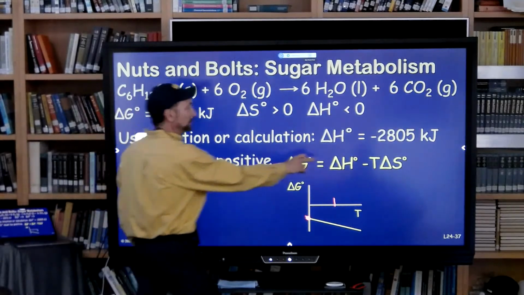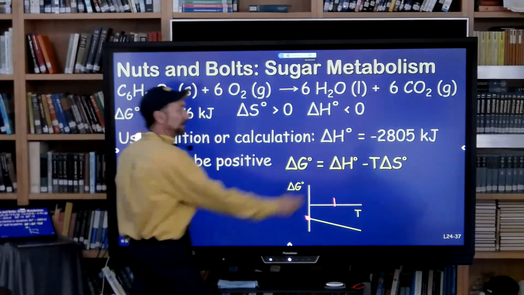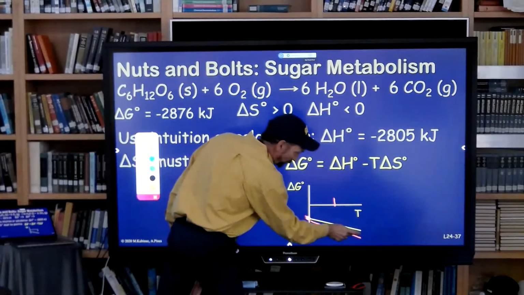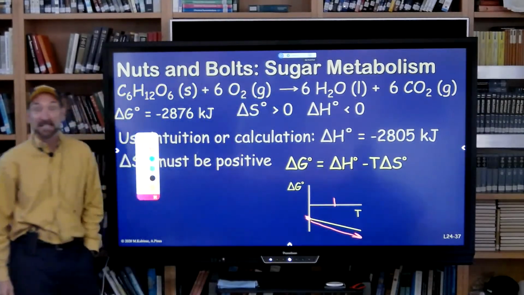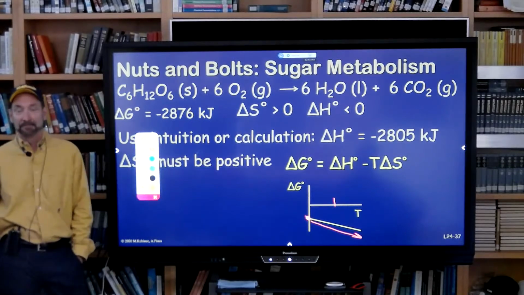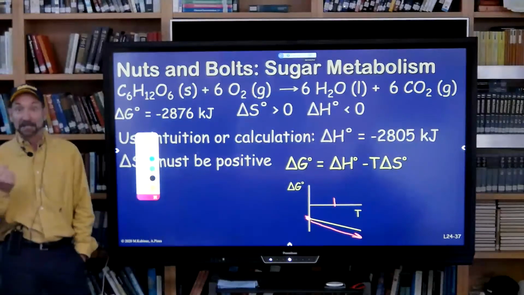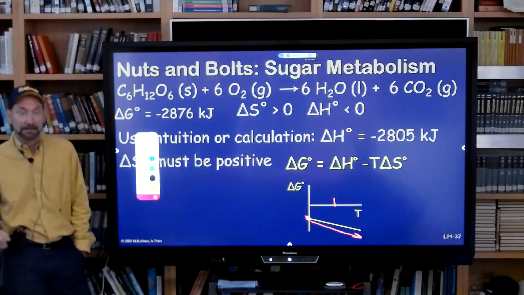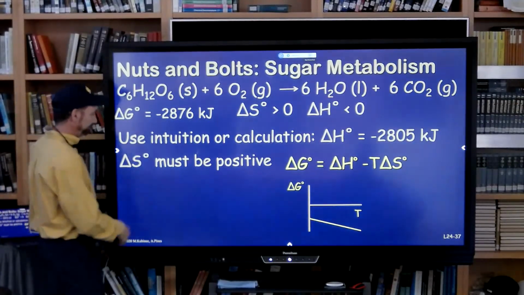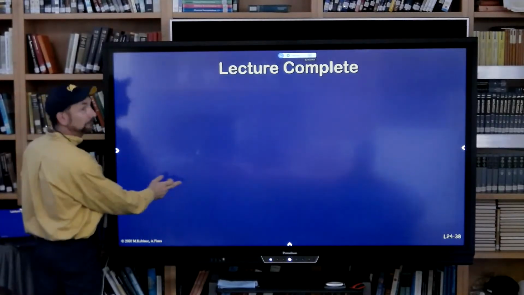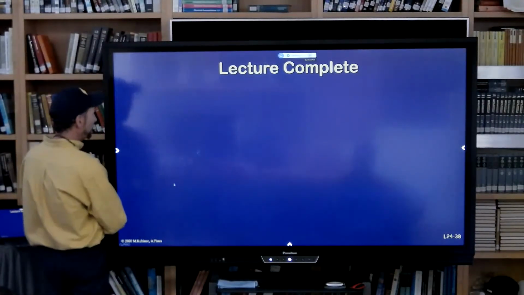The slope, delta S, is positive. T is always positive, so that minus sign makes the slope negative. That's never going to be not spontaneous. Awesome. Whatever temperature we operate at, we can always get useful work out of that reaction. Yay, let's keep going.